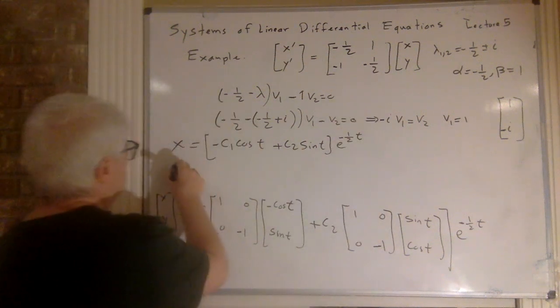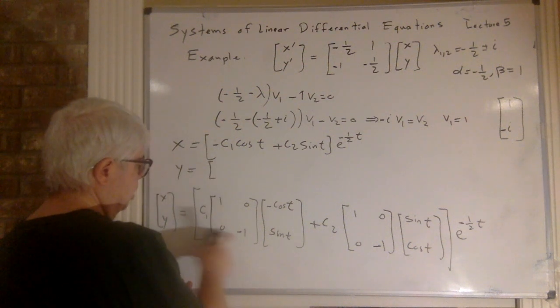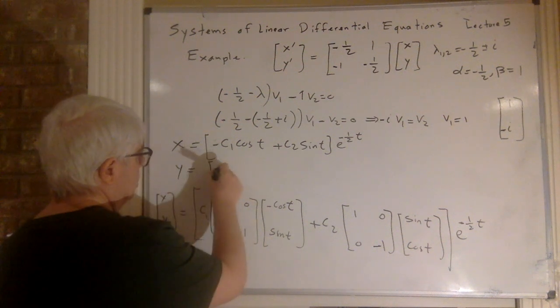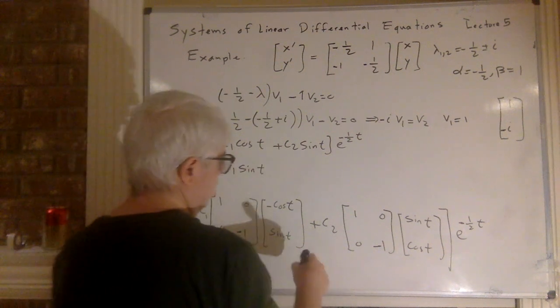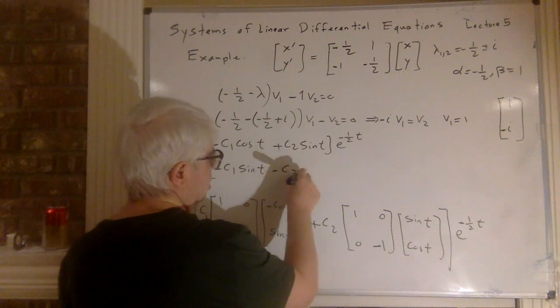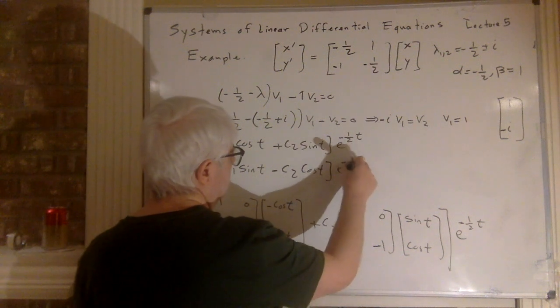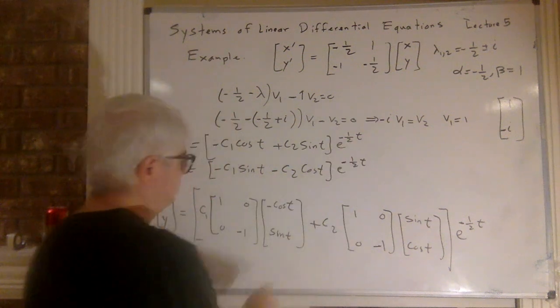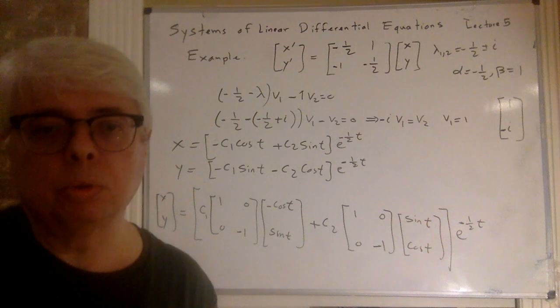And the y is c1 minus c1 sine t minus c2 cosine t e to power negative 1/2 t. Right? Well, let me double check with the book and see what the book has here.